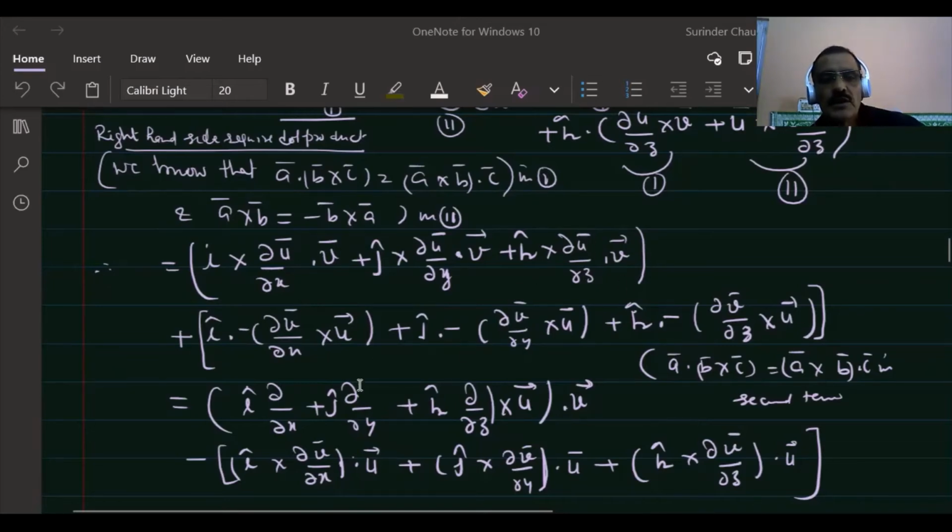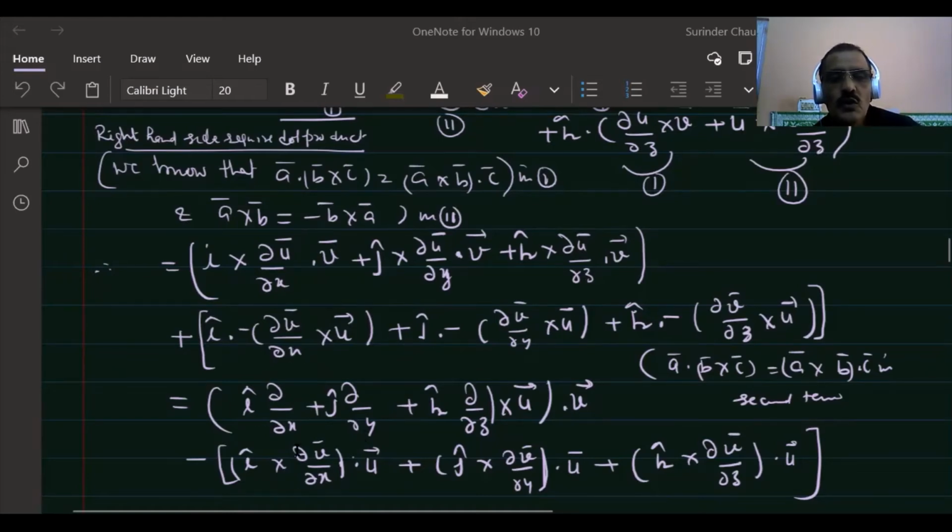Similarly in the second terms. Now this is iota, with minus common outside. Again cross and dot interchange. So this is equal to iota dot. We again apply this formula: scalar product dot and cross interchange.